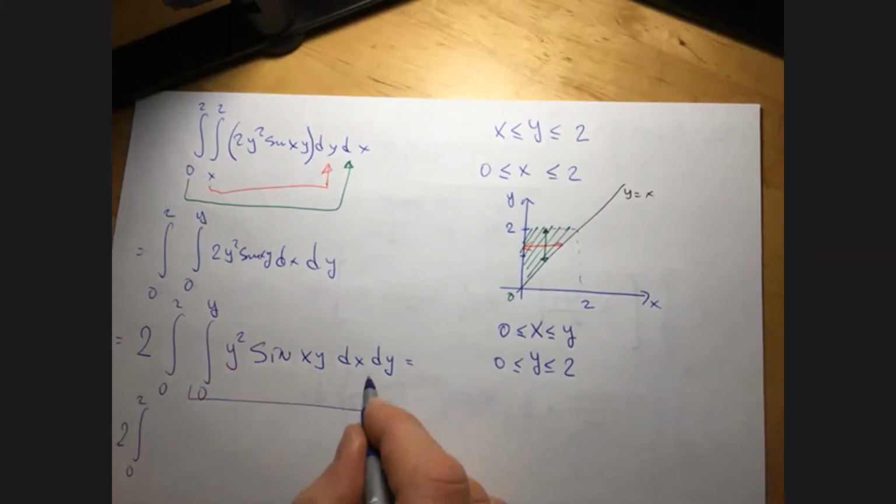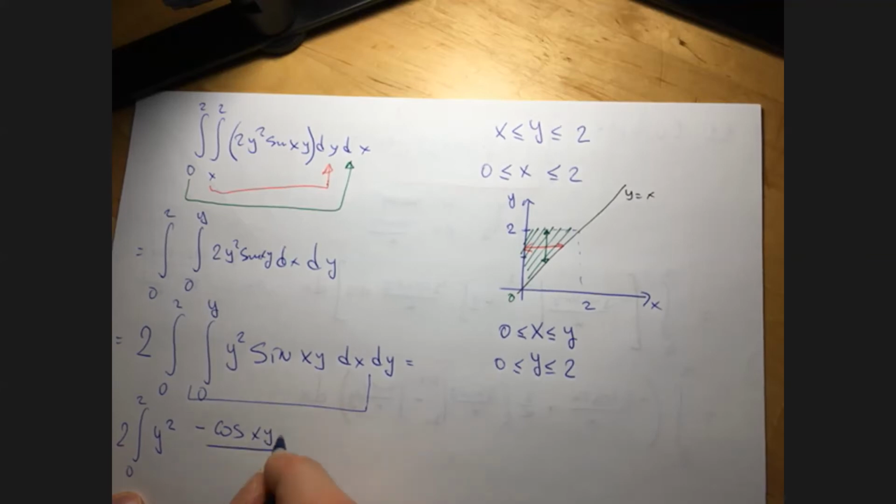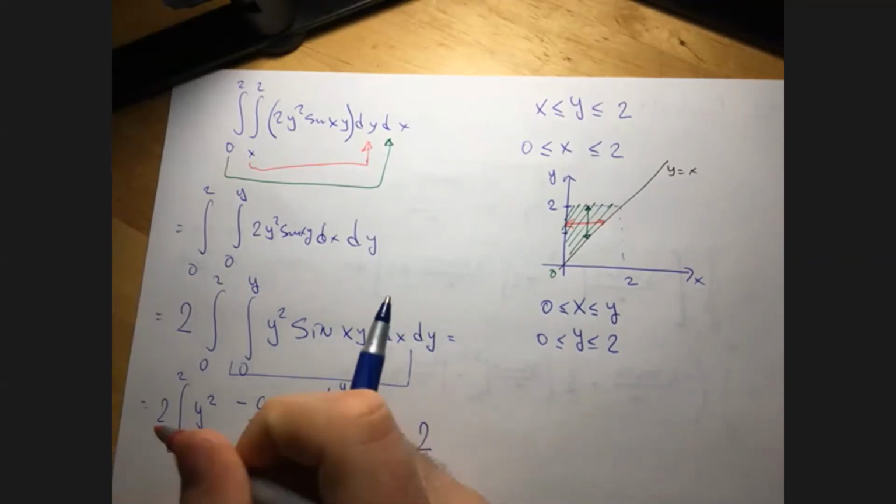First, I'm evaluating this integral with respect to x. I treat y as a constant, so y squared. The integral of sine of xy is negative cosine of xy over the constant y, evaluated from 0 to y, dy. That's equal to 2. This y canceled.